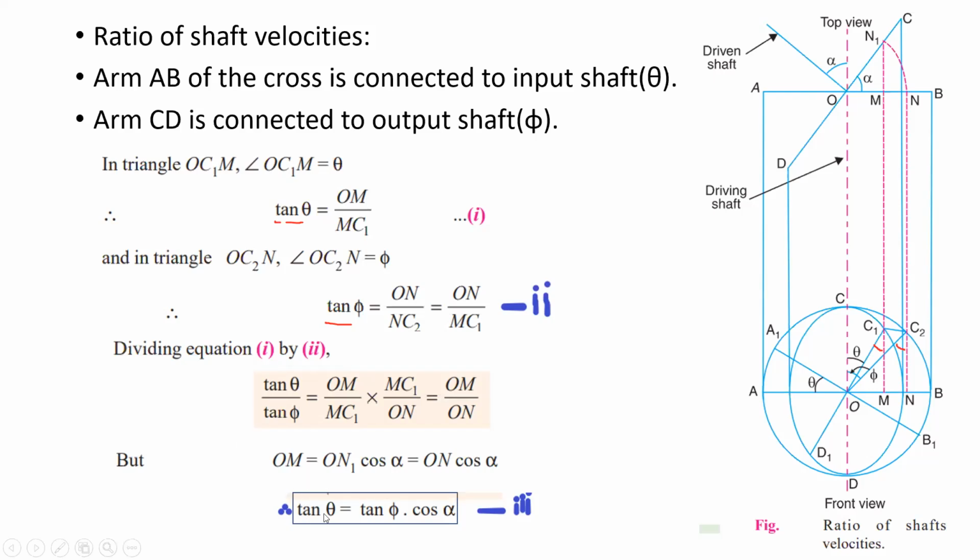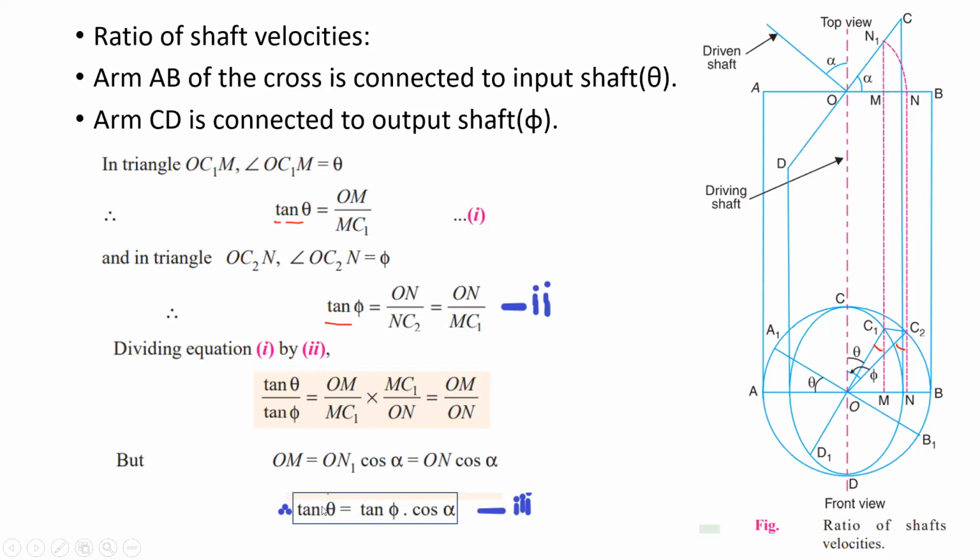Write down this relation: tan theta equals tan phi into cos alpha. Done, sir. Okay. So we know the relation between tan theta and tan phi, that is, theta and phi.